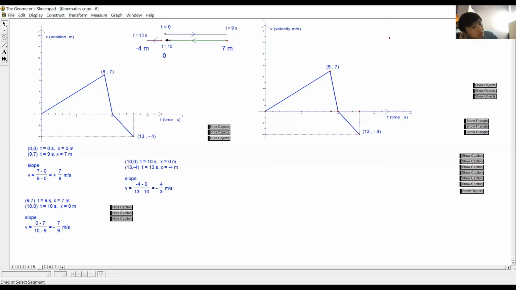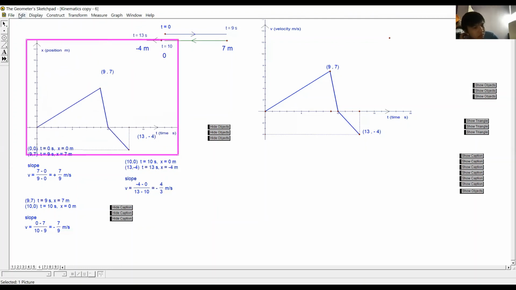It doesn't mean the distance traveled. So that's why earlier on we studied two physical quantities. One is distance, another is displacement. Displacement really is the position, right? It's not the distance.